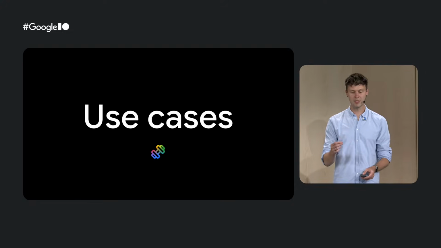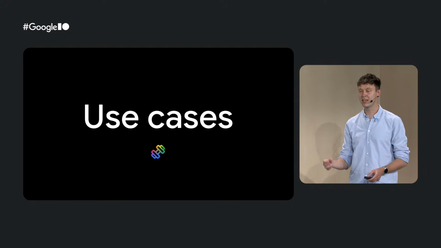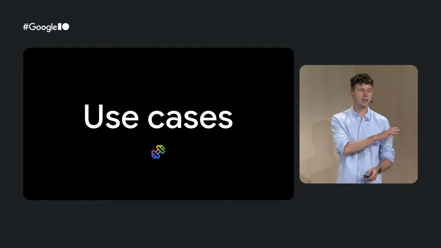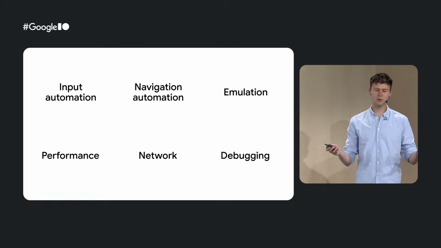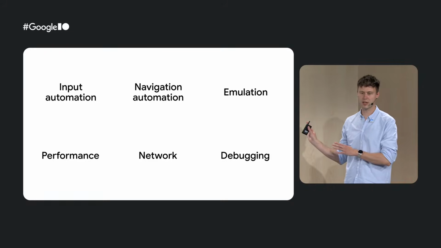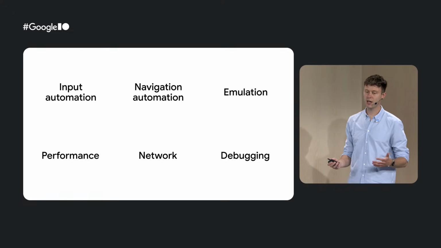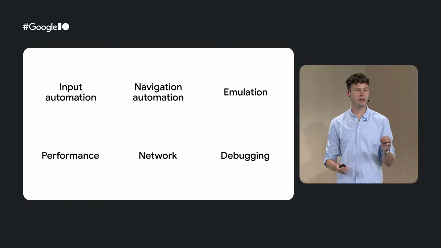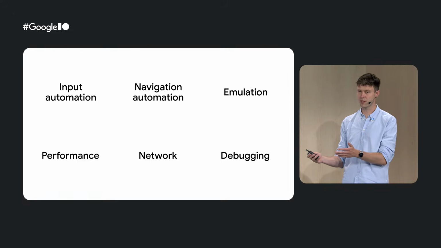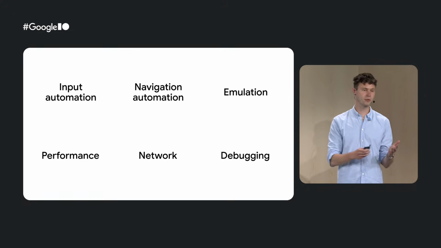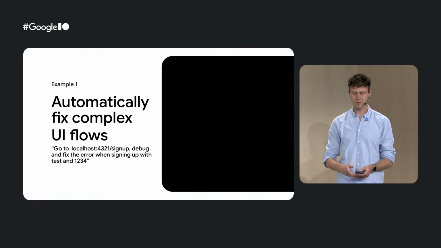Instead, we wrapped key Puppeteer capabilities in a set of distinct tools, properly described, and by this, easier to consume by your coding agent. Those tools can be divided into 6 overall categories. In this section, I want to walk you through 3 different use case examples, exploring how tools from multiple categories play together to fulfill a certain user prompt.